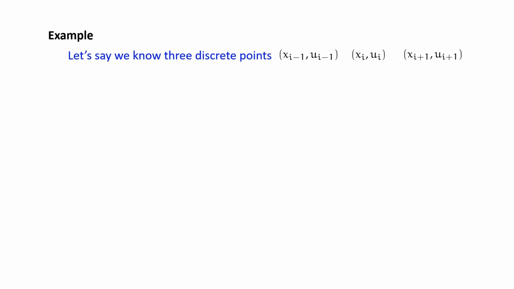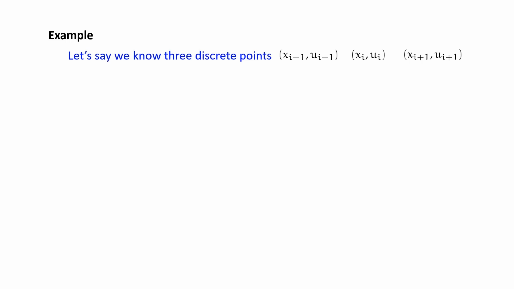Let us take an example. Let us say that for a function u, I have three discrete points: x_{i-1}, u_{i-1}, x_i, u_i, x_{i+1}, u_{i+1}.